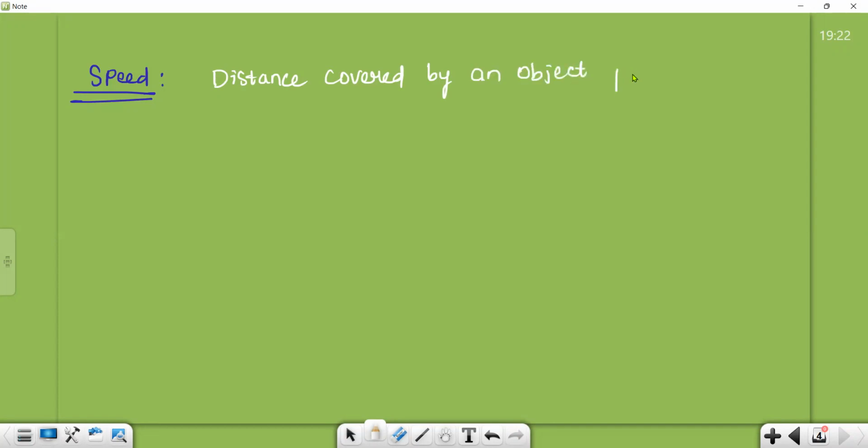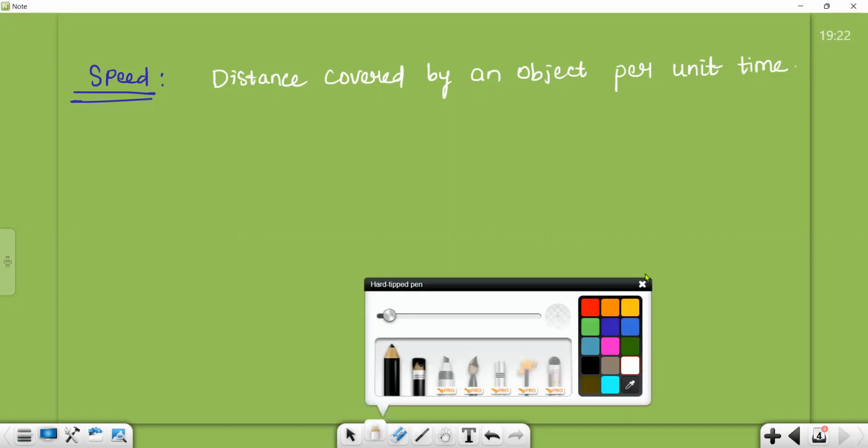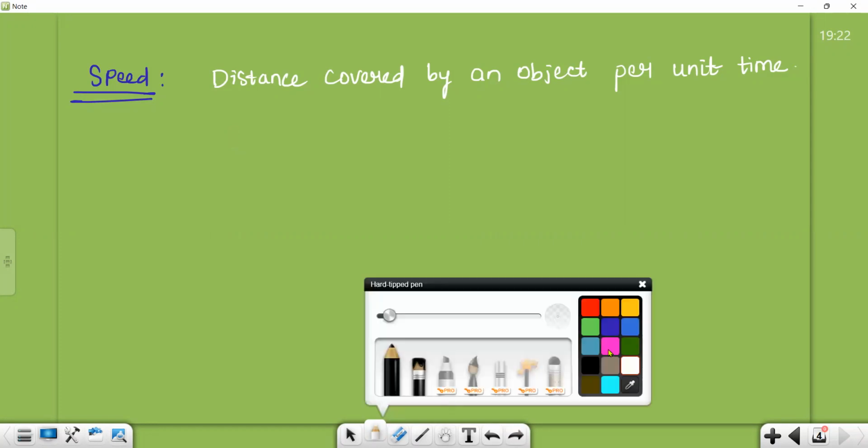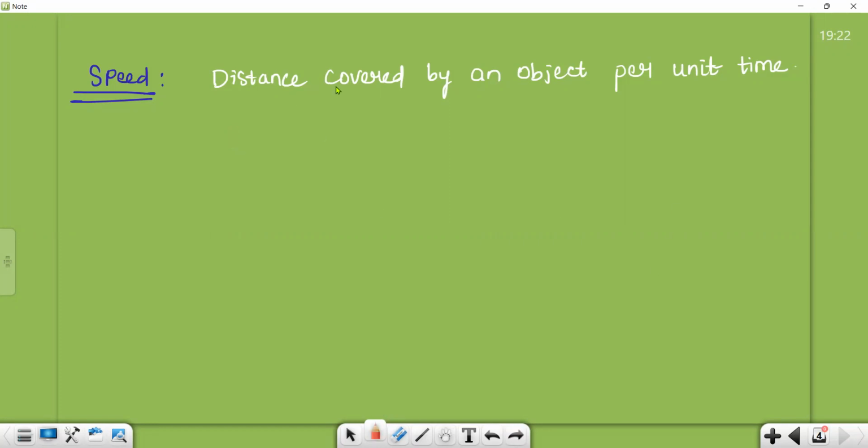By an object. Ma'am, a good example of this is the rotation of the Earth. Earth also has a certain speed. The rotation of the Earth around the Sun also has a particular speed.